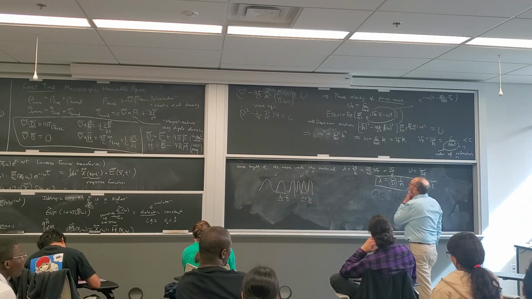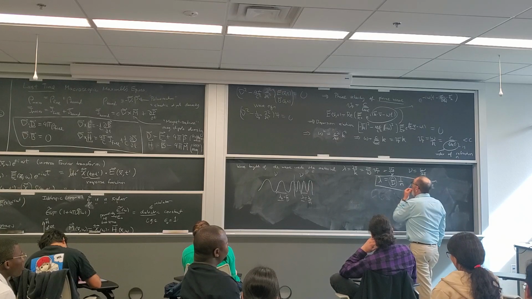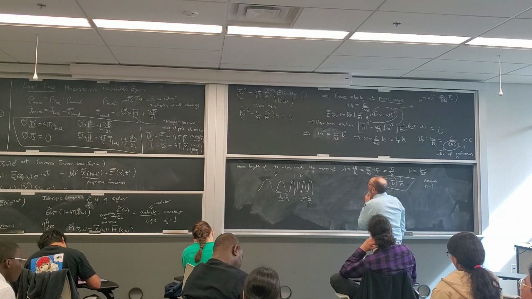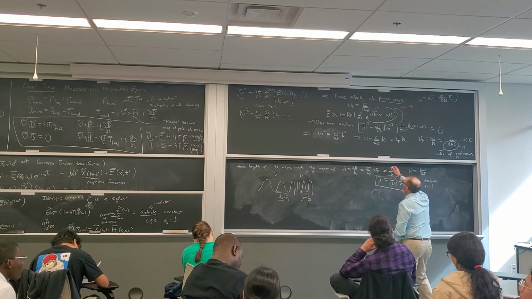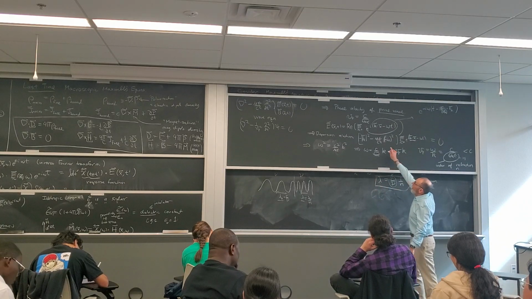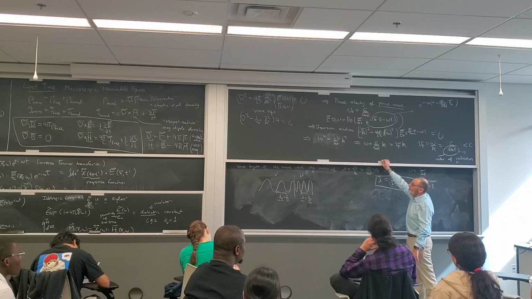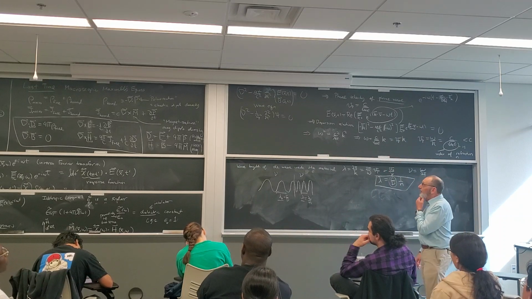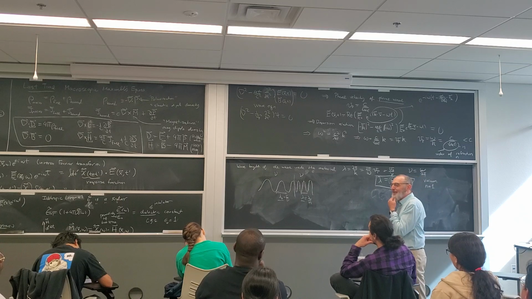Very good. What about the magnetic field in this problem? Given this electric field, what is the magnetic field, and how would we find it? We'd use Maxwell's equations, right?